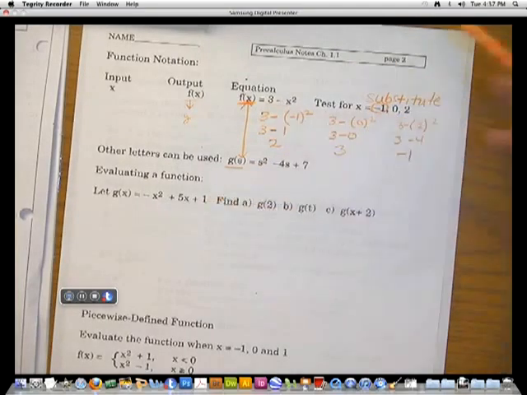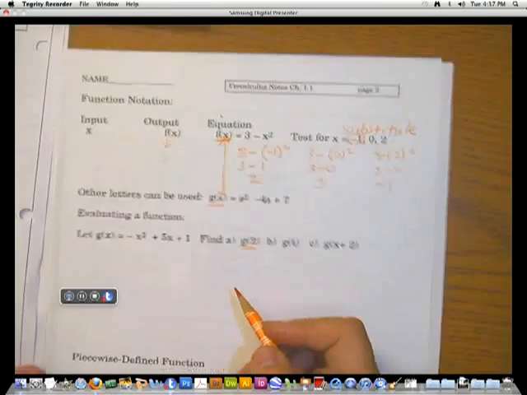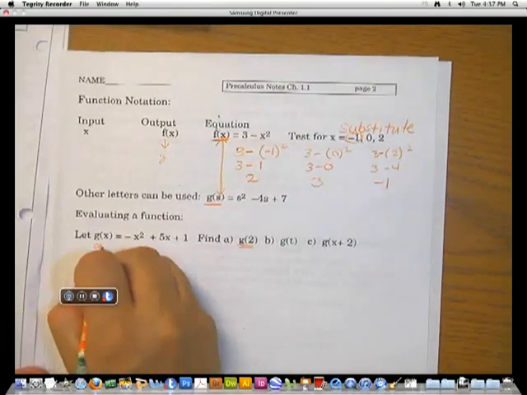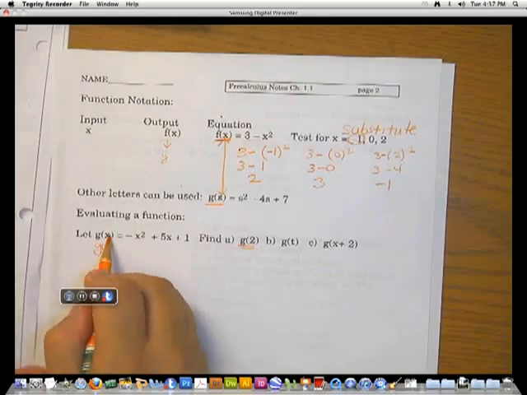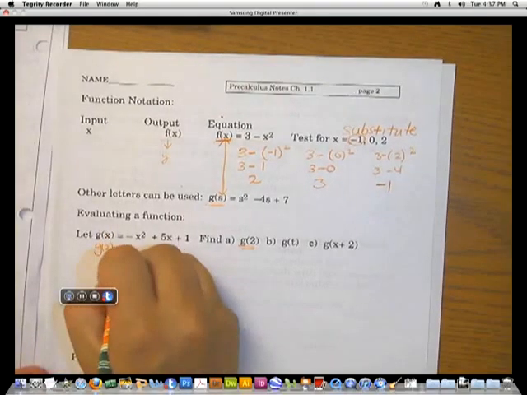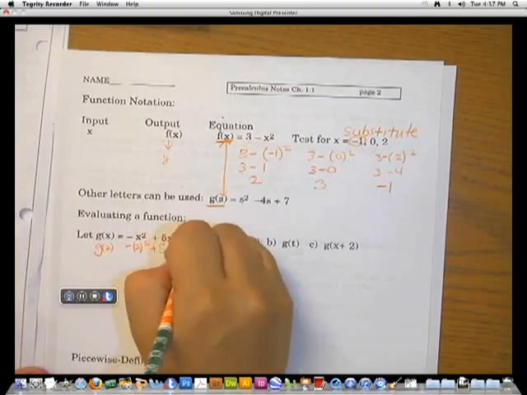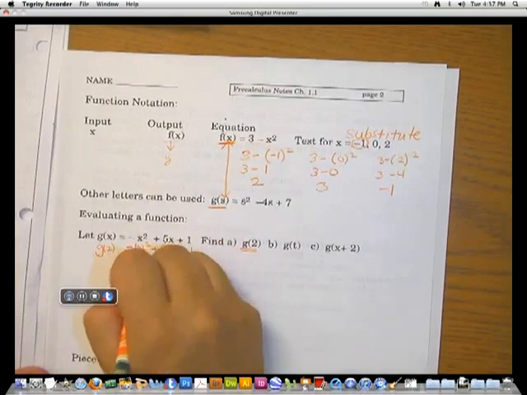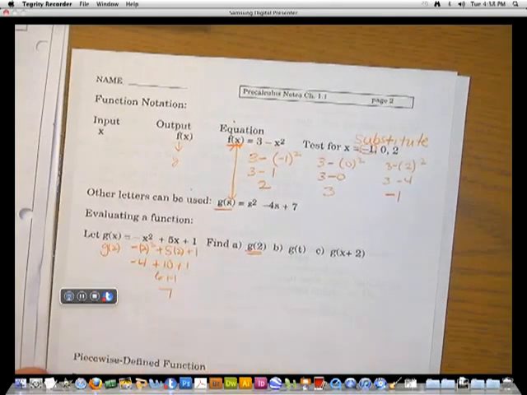When we test for numbers, we generally don't have too many issues. So when I say g of 2, we put 2 into the x location. So we just replace the x with the 2 and simplify. So we get 7.